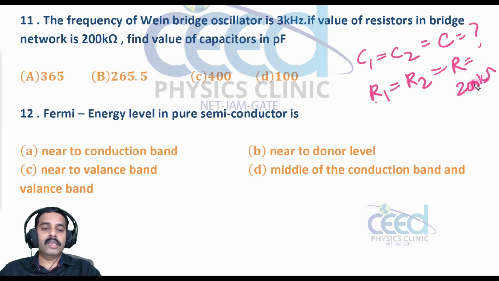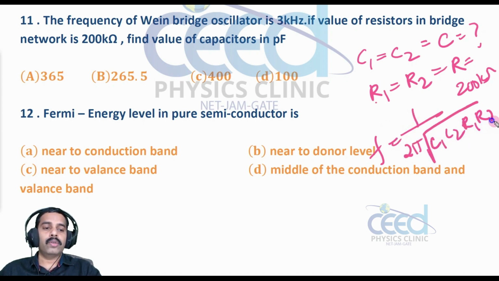We have already studied its expression for frequency, that is 1 by 2 pi root of C1 C2 R1 R2. Here C1 is equal to C2 is equal to C. So C square R square, that is if C1 is equal to C2 and R1 is equal to R2, this equation I can modify as 1 by 2 pi RC. Alright.